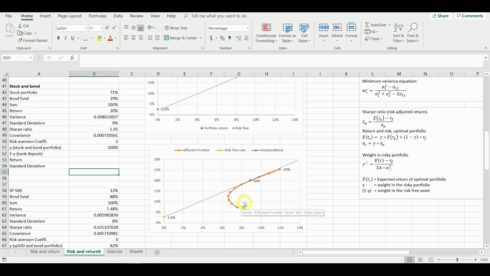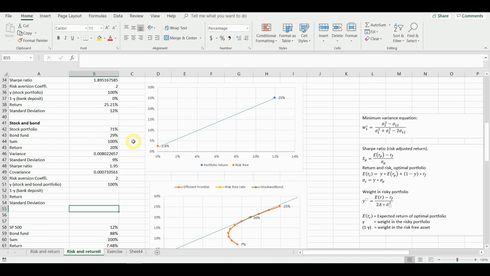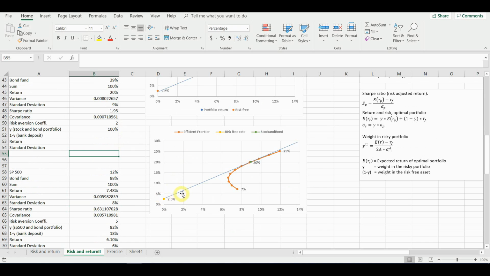The point with highest Sharpe ratio is where you have 71% of your capital in the stock portfolio and 29% in a bond fund and 0 in the risk-free asset. This gives the highest risk and return trade-off.